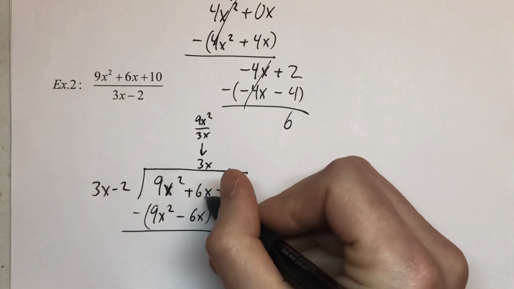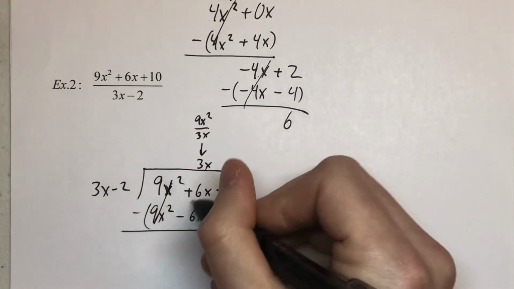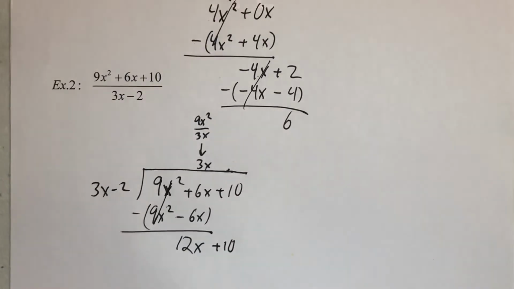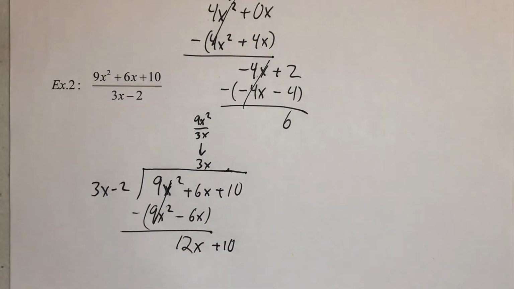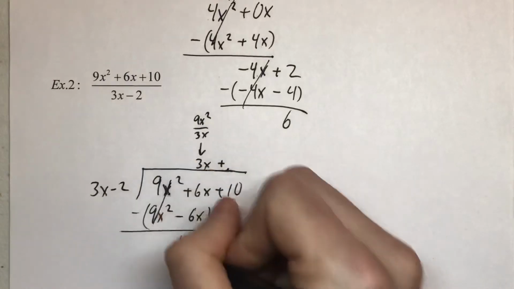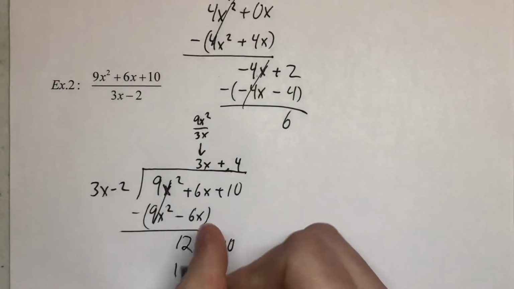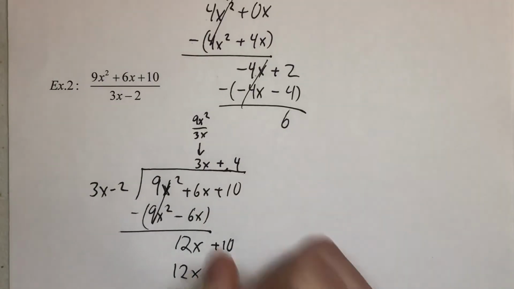Now this is 6x, so those are gone, sorry. And then 6 minus a negative 6 is like 6 plus 6, so that's 12. So 12x, and then bring down the 10. And one last first into first, 3x to 12x. 3x times what is 12x? Well, that would just be a 4. So 4 times 3 is 12x, and 4 times negative 2 is a negative 8.